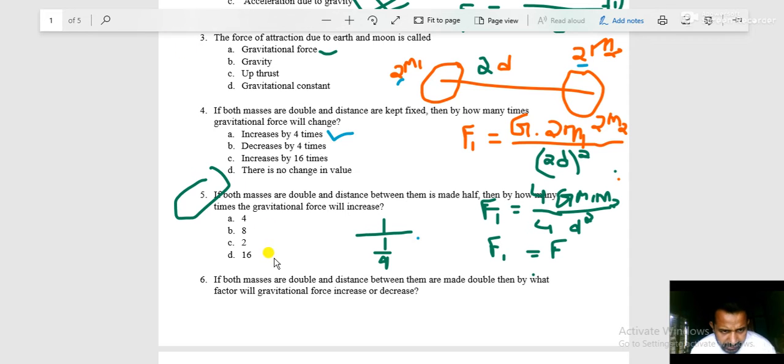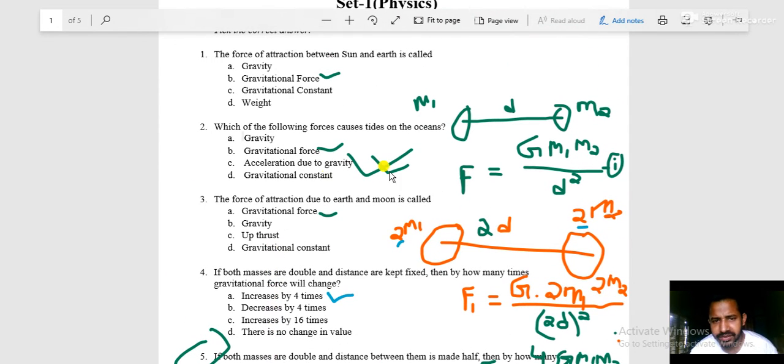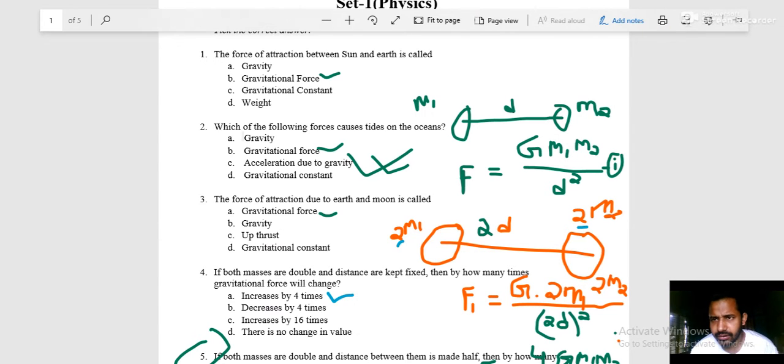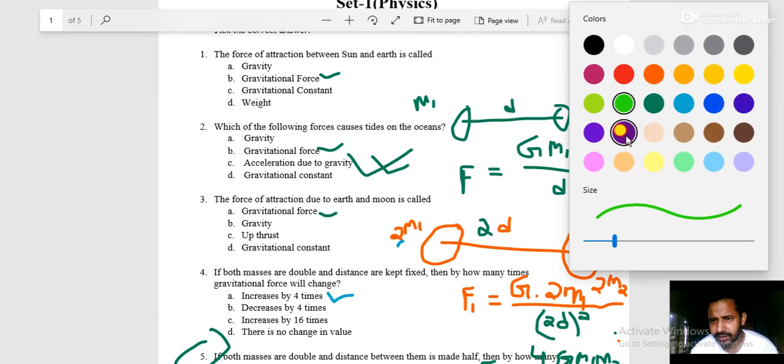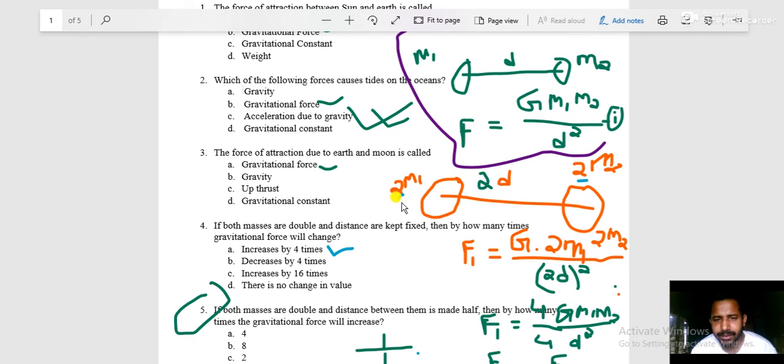Okay, the previous answer should be this one, question number 5. Now question number 16 I have read before for you. Masses are doubled, distance also doubled. So I am taking again the original scenario, which will be the same. Now the question says mass is doubled, I have written 2m1 and 2m2, and the distance is also doubled, so I have taken the distance as 2d.